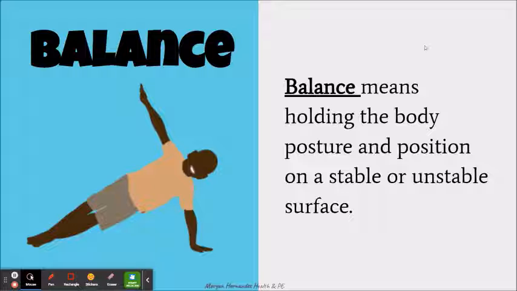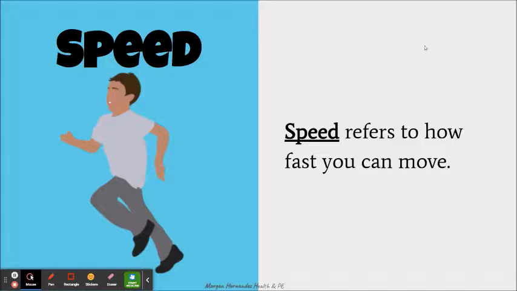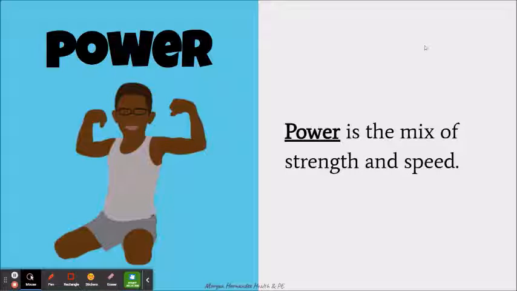Balance means holding the body posture and position on a stable or unstable surface. In a few minutes, I'm going to give you some examples of balance in different types of sports or physical activities. The other component is called speed. Now, this skill related fitness component refers to how fast you can move. I'm also going to give you some examples of how speed is being used in different sports.